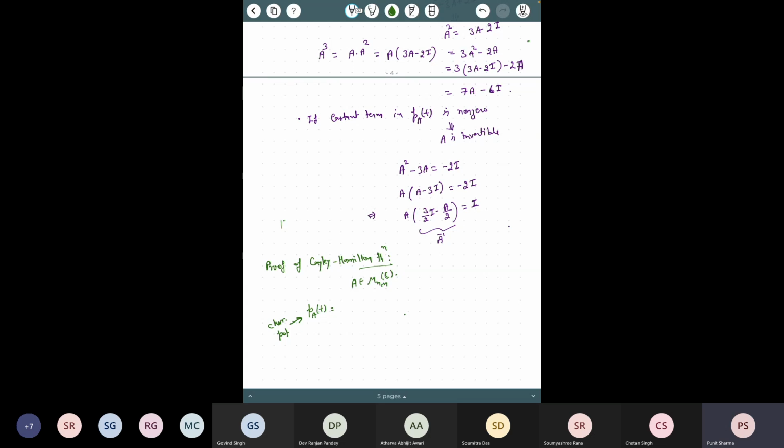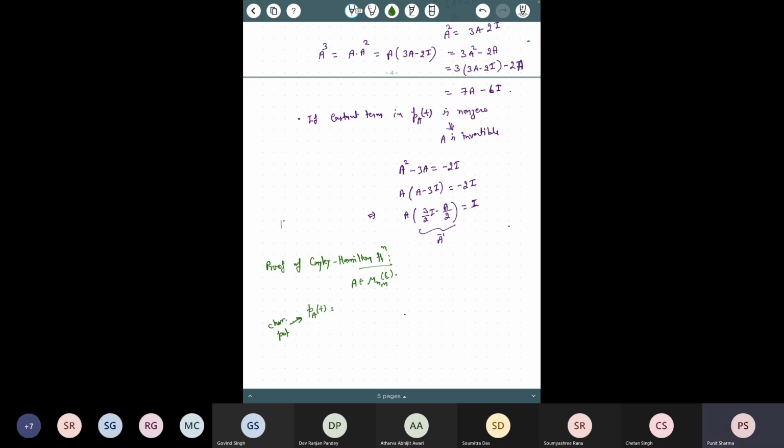Now, for a polynomial of degree n over C, we use the fundamental theorem of algebra. Can you tell me what the fundamental theorem of algebra is? Every non-constant polynomial over C of degree n has exactly n roots.